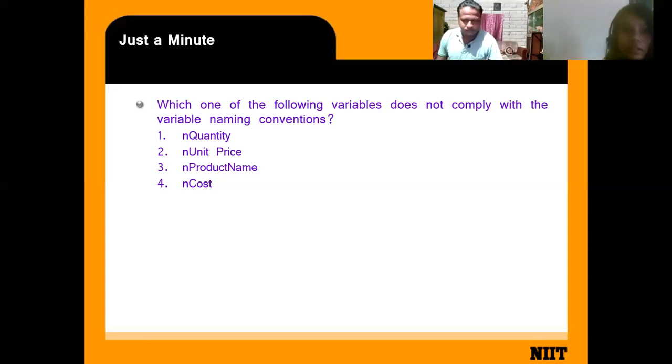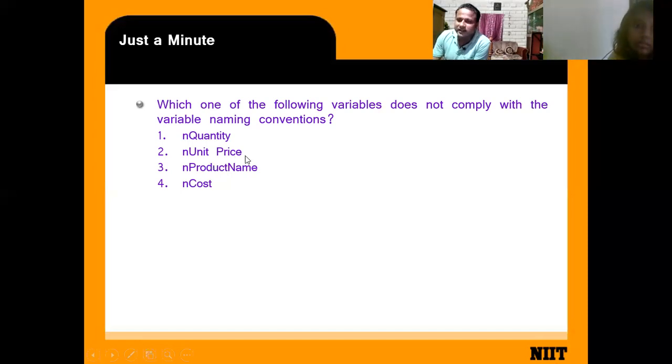Sir, cost is incorrect. Correct. Quantity is correct. Product name is incorrect. Price is incorrect.